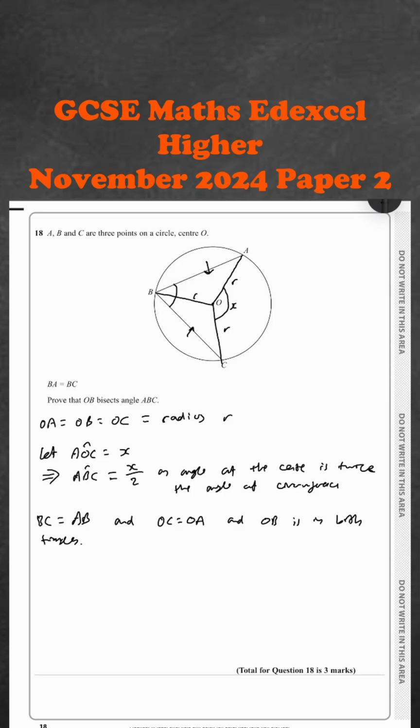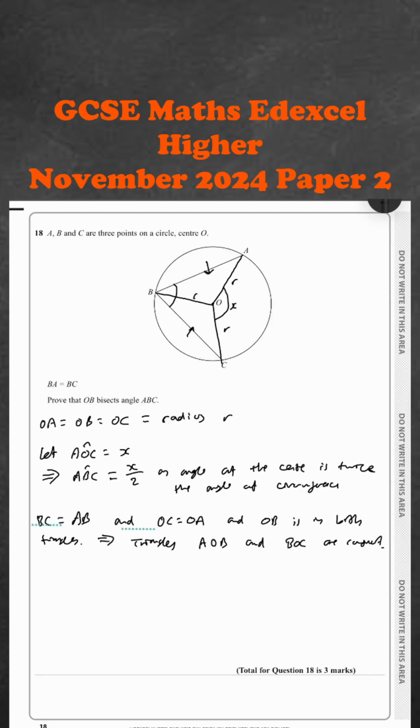So we have 3 sides of the triangle that are exactly the same length. Therefore, triangles AOB and BOC are congruent.